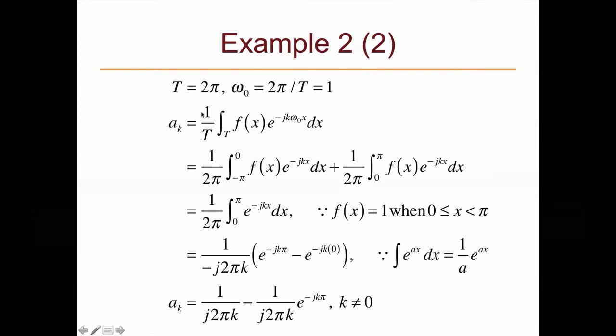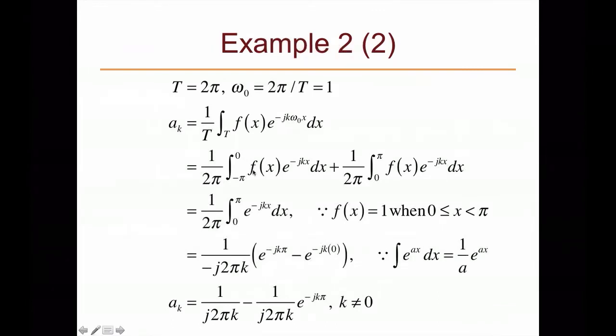You know that T here equals 2 pi, and the integral consists of two parts. The first part from minus pi to 0, and the second part from 0 to pi, of the function f(x) e^(minus jkx) dx, and this one as well, f(x) e^(minus jkx) dx.